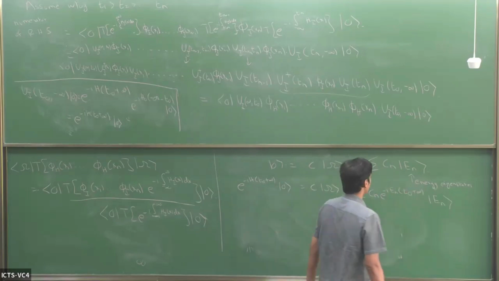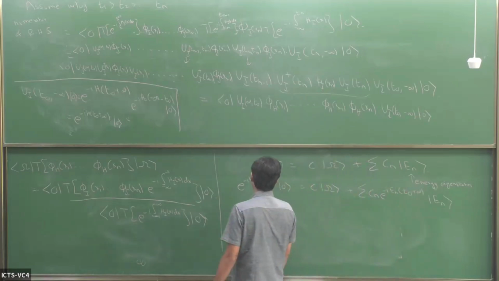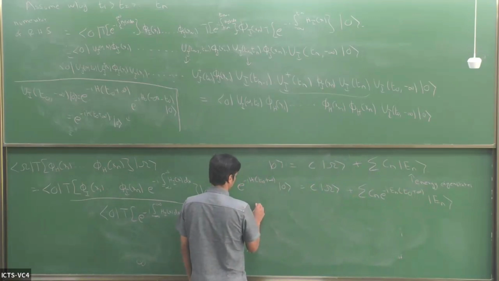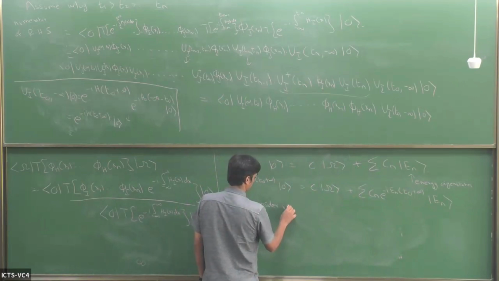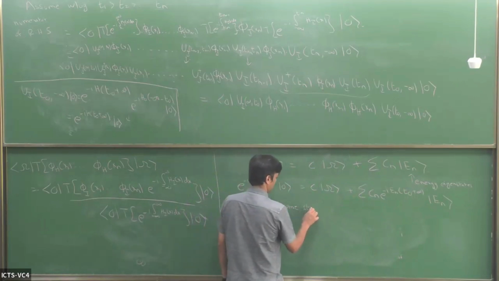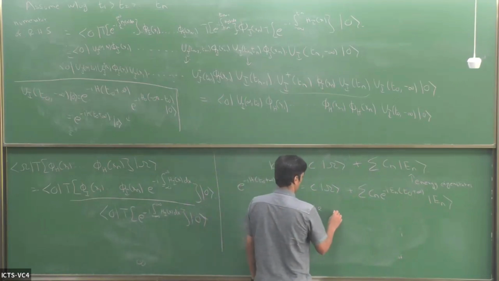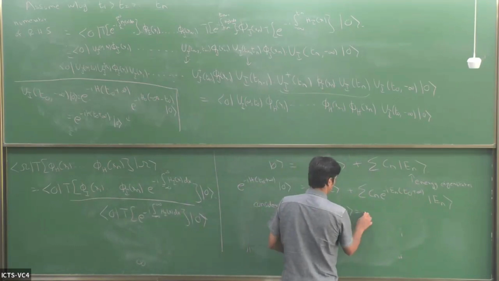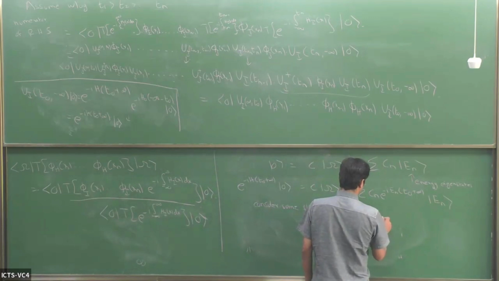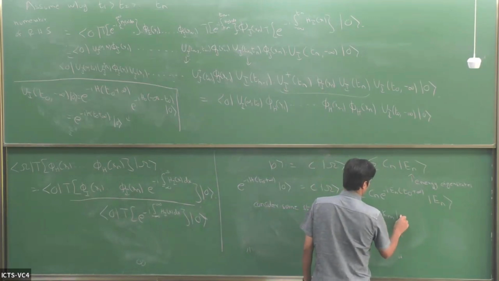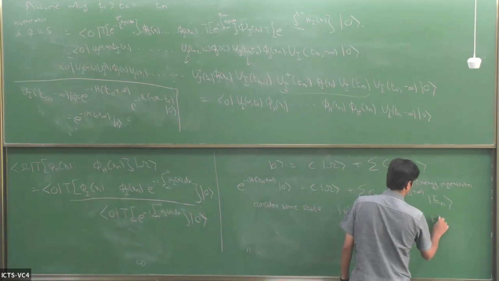In particular, if you take some other state, which has some other spectrum, which looks like, what should we call it, k_m, k_n, plus k in the vacuum.